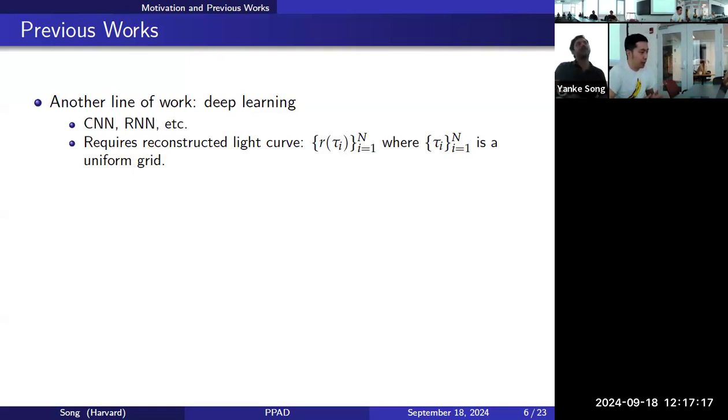Here, the light curve basically means the underlying Poisson rate function that is reconstructed. I'm going to use the word light curve from now on. They take these reconstructed light curves and sample them at some evenly spaced points, which gives you a time series, and they can use this time series for deep learning approaches.